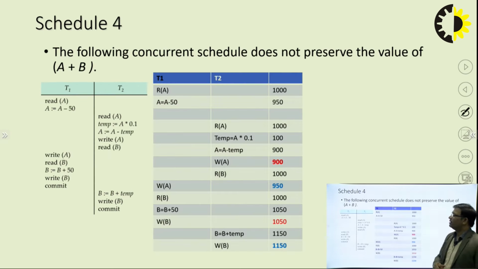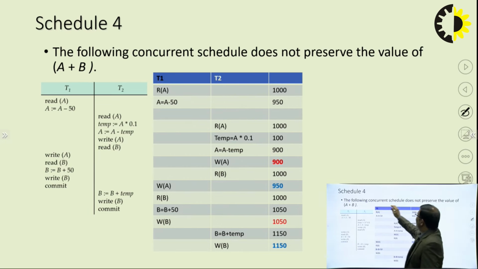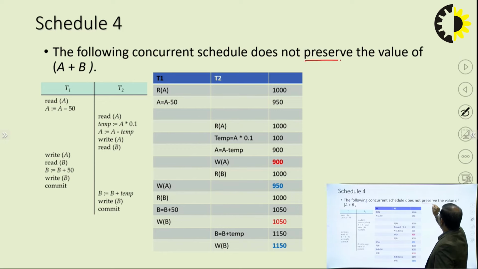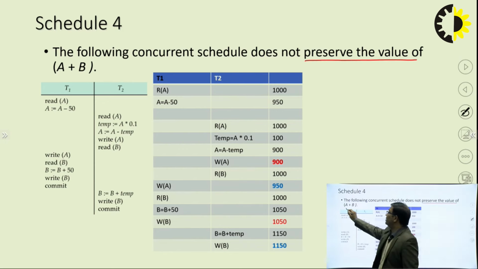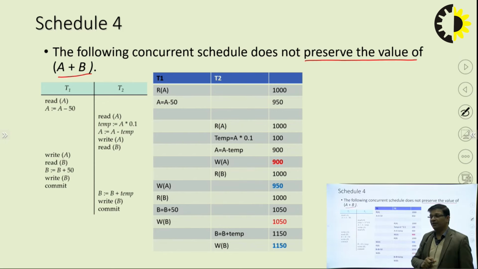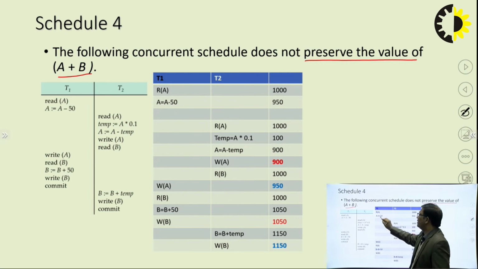In a concurrent transaction, is the final value of A and B the same or not? Let's say the following concurrent schedule does not preserve the value of A plus B. Check. Read A.